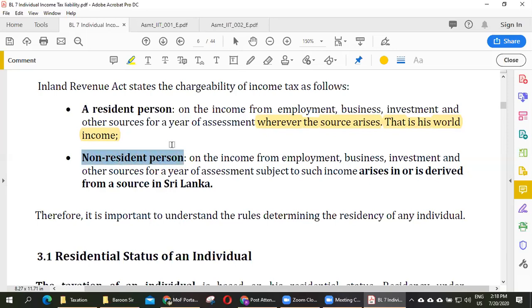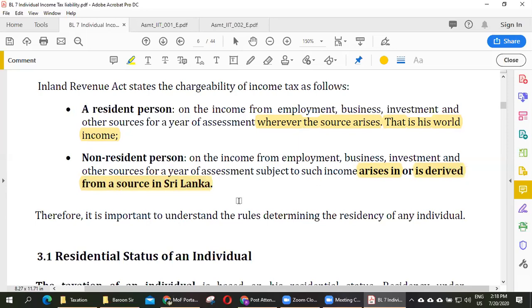A non-resident person is chargeable on income from employment, business, investment, and other sources for the year of assessment, subject to such income arising in or being derived from a source in Sri Lanka. Right?